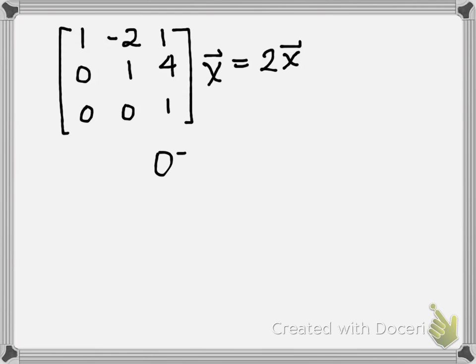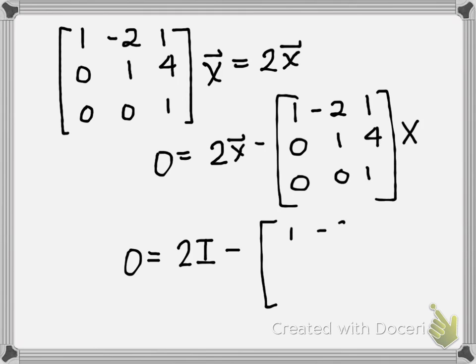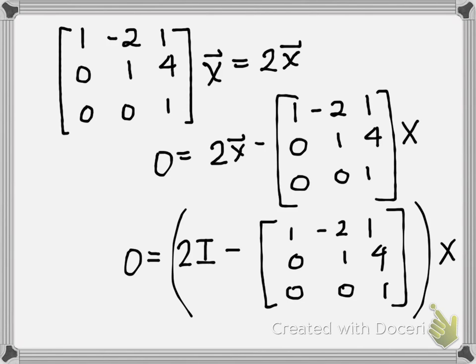Or in other words, the all zeros matrix equals 2x minus 1, negative 2, 1, 0, 1, 4, 0, 0, 1 times x, which tells us that 0 equals 2I minus our matrix times x.